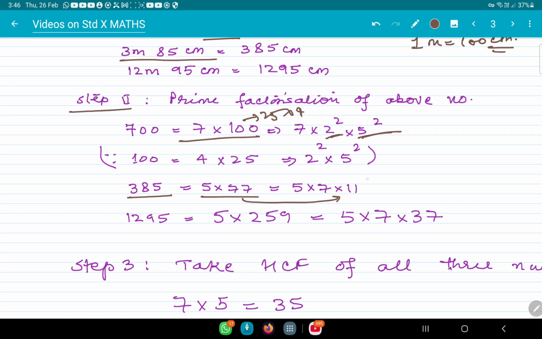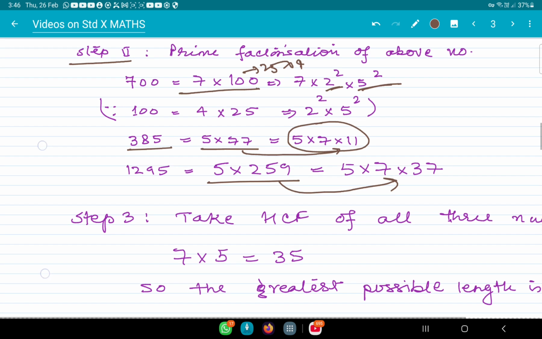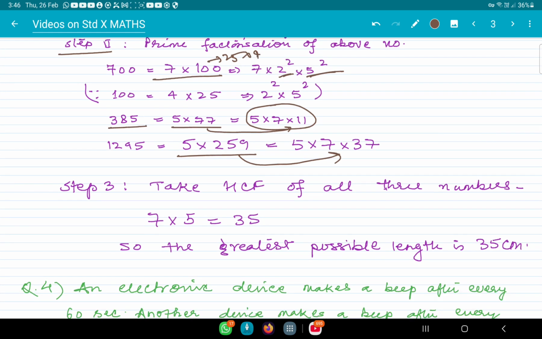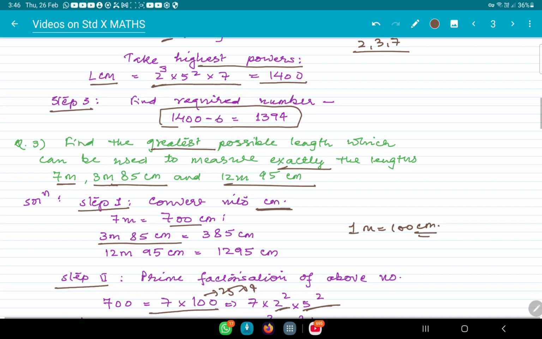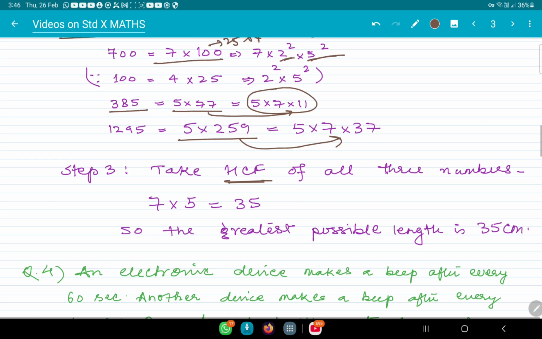Further we are not able to go because they are all prime numbers. 1295 is 5 into 259, and 259 is 7 into 37. Just by practicing again and again you can do every question. Now take the HCF of all three numbers. See why we are taking HCF: because your question is saying greatest. So catch the keywords.